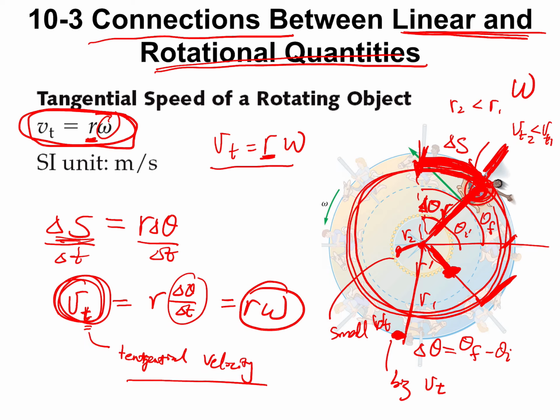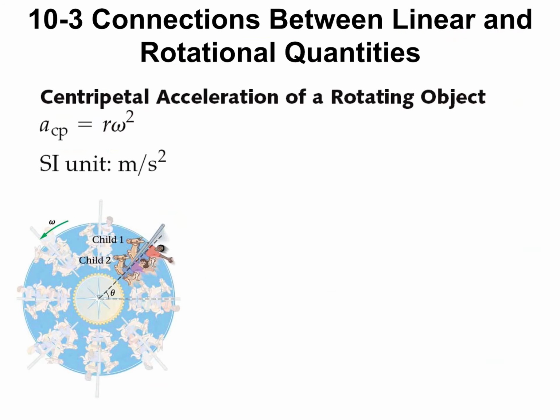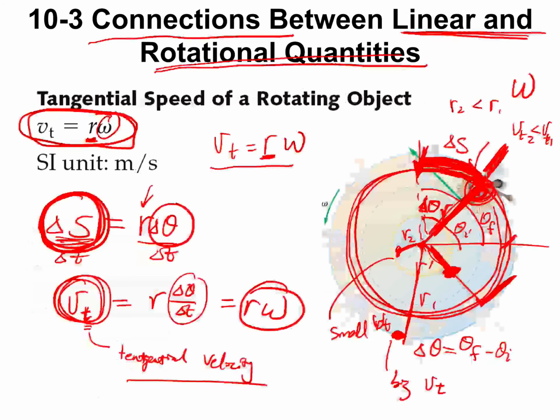Okay, so from this example, we know this is your linear tangential displacement, angular displacement. They're linked by radius. Same idea, we can also figure out alpha. So we have this equation, right?